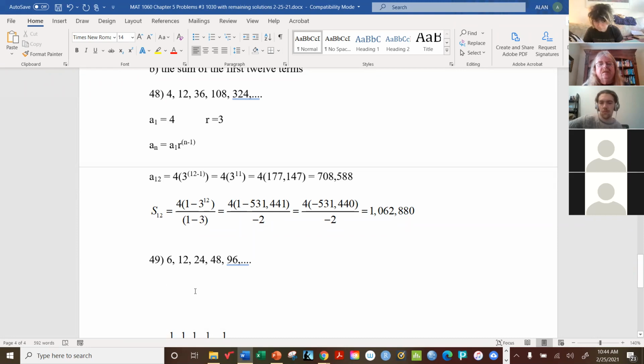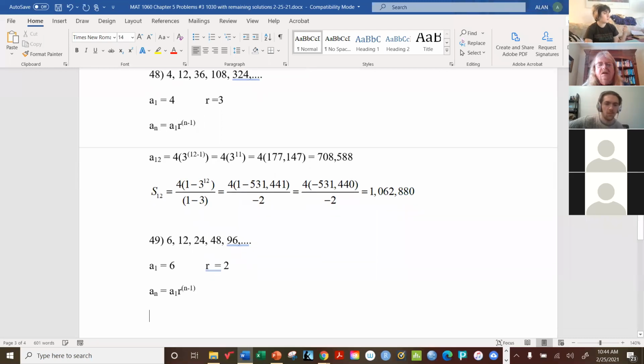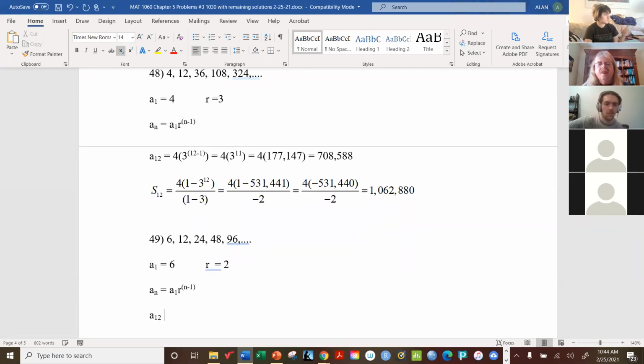Now the next one is very similar. A1 is 6, and the common ratio is 2 this time. So let's see what we've got. So the 12th term, A12, is 6 times 2 raised to the 12 minus 1 power. 6 times 2 to the 11th. 2 to the 11th is 2048, so that's 6 times 2048.